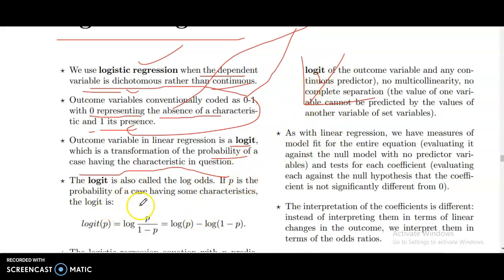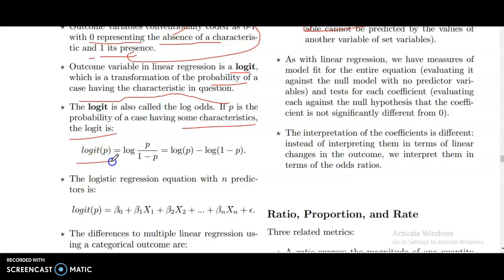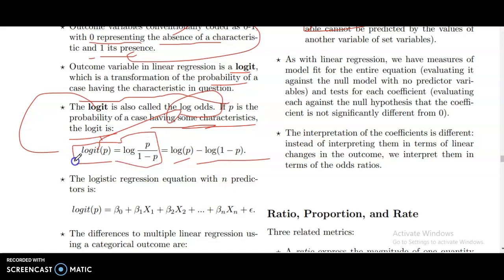If P is the probability of a case having some characteristic, the logit of P equals log of P divided by 1 minus P, which equals log P minus log of 1 minus P.